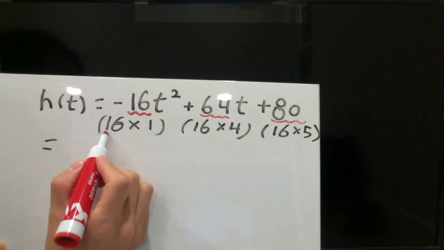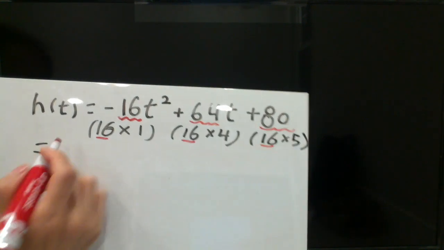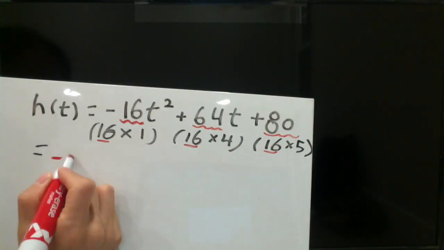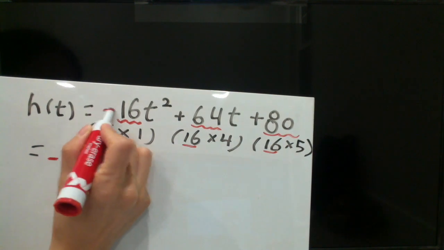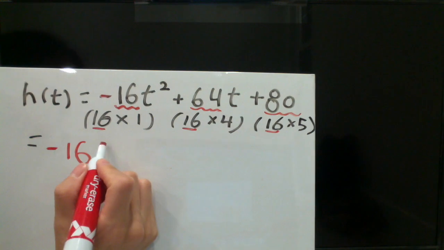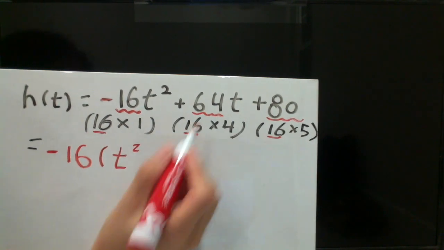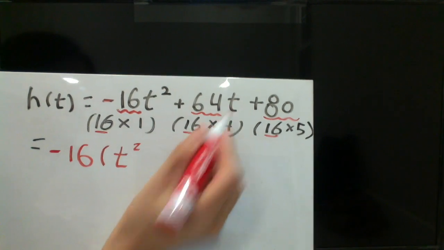So I will pull these ones out right here. Negative 16. Because this is negative, I have to have a negative outside, right? So I'll do t squared minus 4t, right?